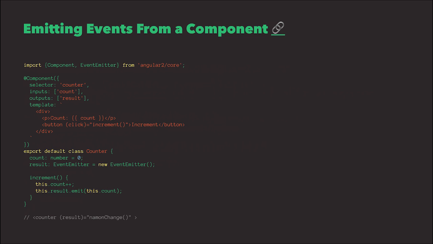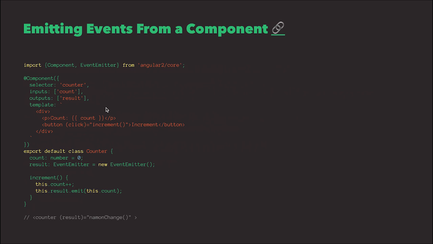And then once we have this EventEmitter class available to us, we can create a property on our component. In our case, we're calling it result, and we create a new EventEmitter instance and assign it to result. So now, every time we want to emit some data from within this component, we can call this.result.emit and pass in the data that we would like to emit out of this component.